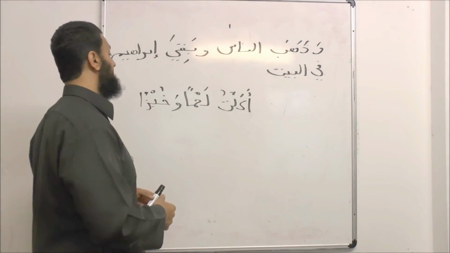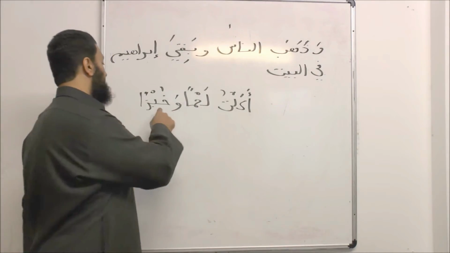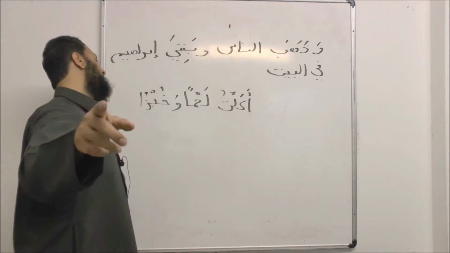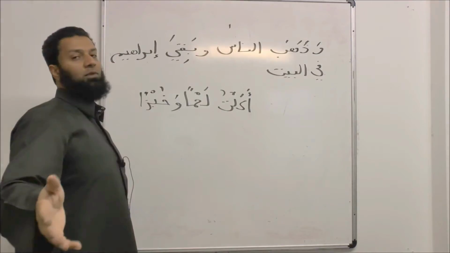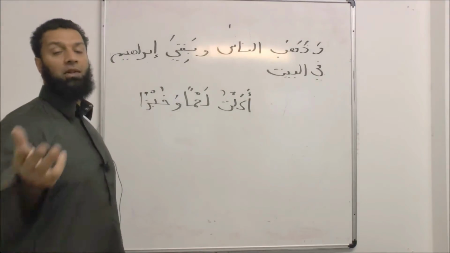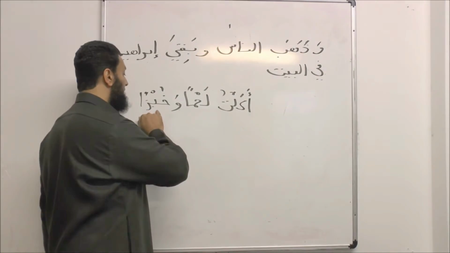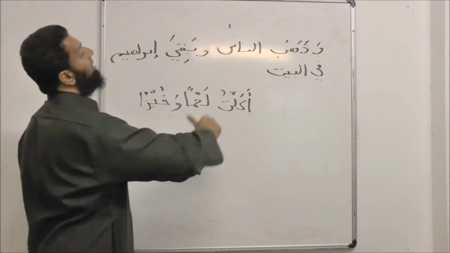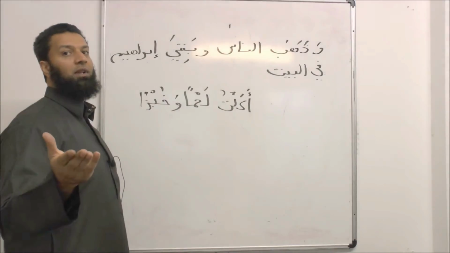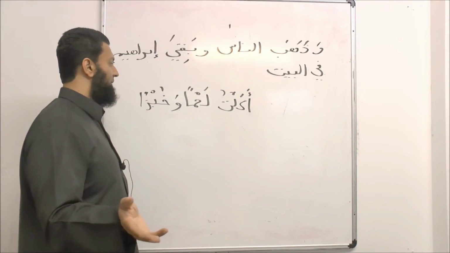Its function is to connect the ism that follows it, which is called the ma'tufun, to the ism that preceded it, which is called the ma'tufun عليه, which we did in great detail.